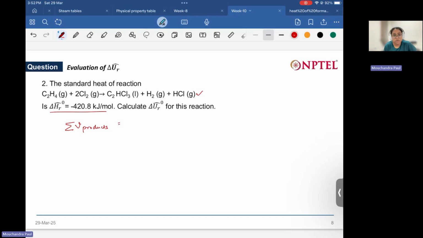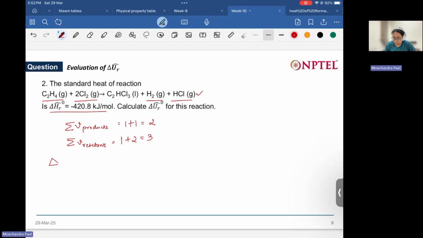You have to consider only those products which are in gaseous state. So this and this, 1 plus 1, 2. And the summation of the stoichiometric coefficients on the reactant side which are in gaseous state is this plus this, 1 plus 2, 3.